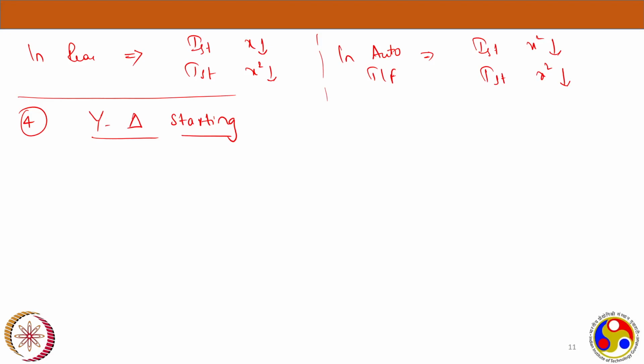So then what we can do at starting is connect the stator winding in star, right? And then we will switch back. So we will see how we will do that.